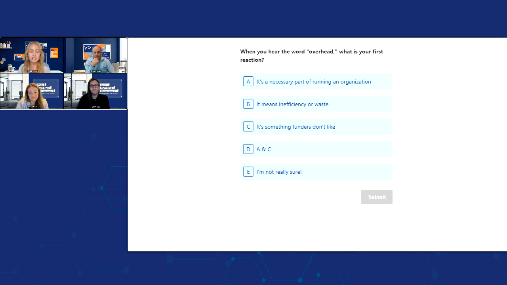Is it a necessary part of running an organization? Or is it inefficiency and waste? Perhaps it's just something that funders don't like. Maybe it's a little bit of a combination of some of those. And are you here because you're looking to learn more? Are you just not sure what that really truly means?